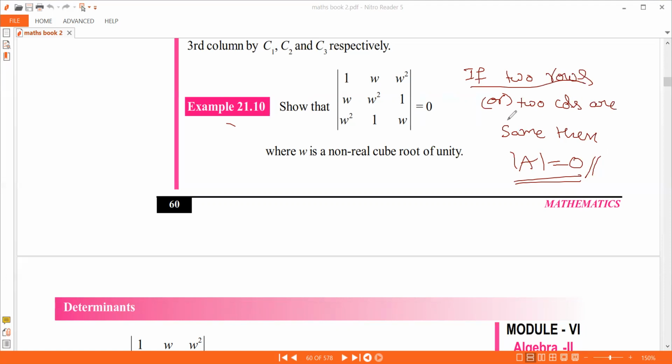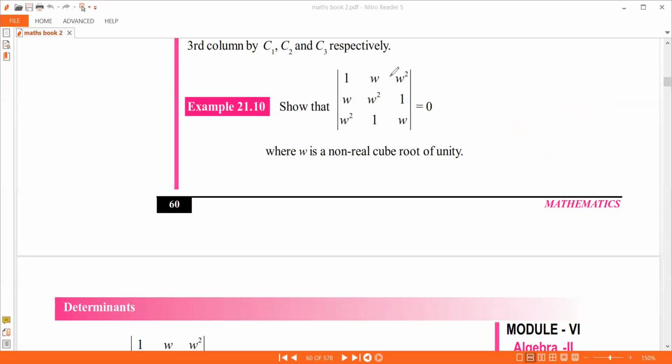If two rows or two columns are the same, then det A is 0. This is one important condition which you have to note. Now let's move on. If two columns are equal, then the value of the determinant is 0.